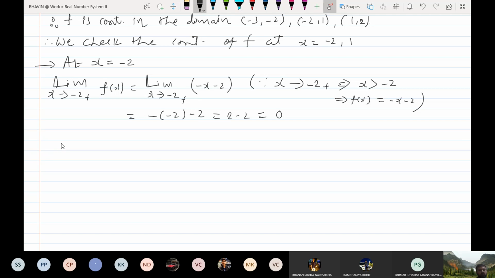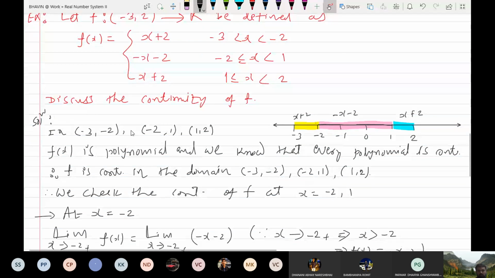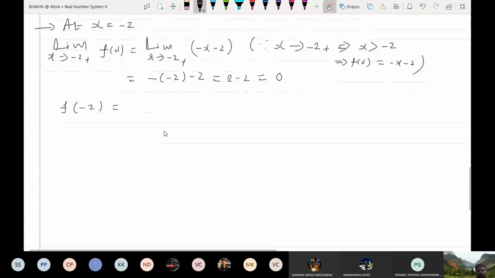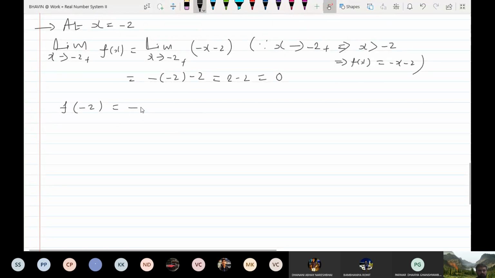Now what is f of minus 2? F of minus 2, here minus 2 is less than or equal to, so the value is minus x, minus of minus 2, again this is 0. So these two are same.